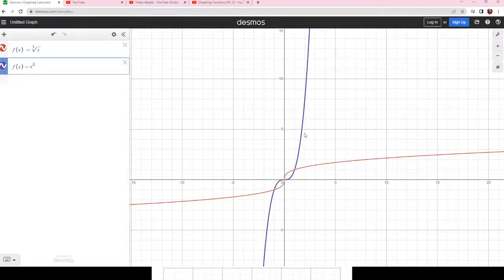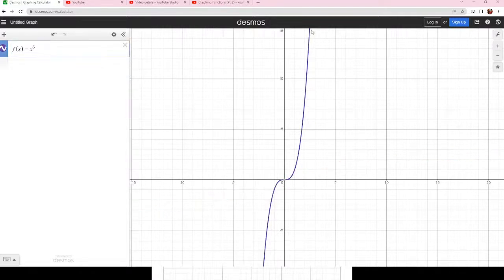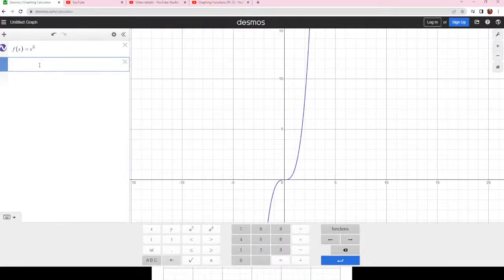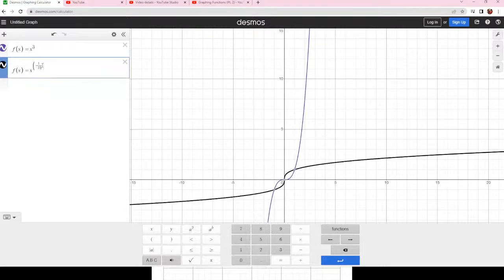Take a look. If you take, here, let me X this out for you. If you take this purple shape here and turn it on its side and mirror it, you end up with, hang on, let me put this in for you. You end up with the zigzag shape that is the cube root of x.